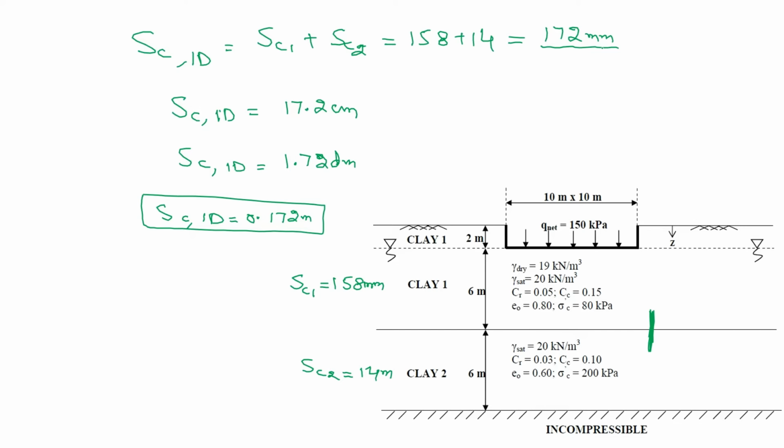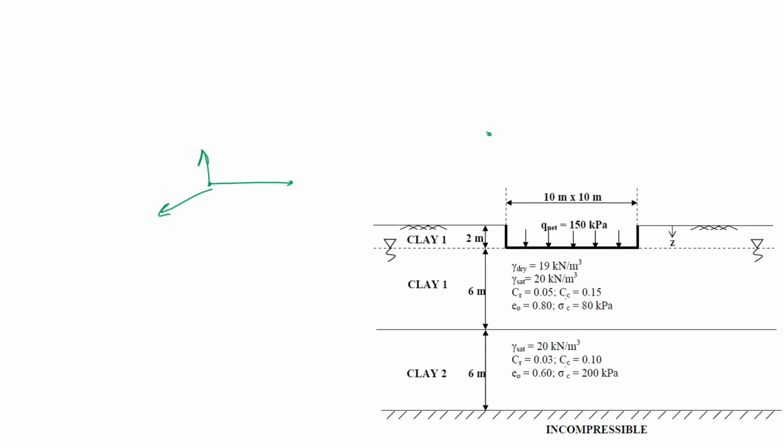Now, if we want to convert, because consolidation is basically the movement or expulsion of water due to addition of load. So if we consider the 3D movement of water, due to applied load, water will move vertically downward, rightward, and in the direction 90 degrees to this page, into the page or out of the page. So simply this will move in X direction, Y direction, and Z direction.